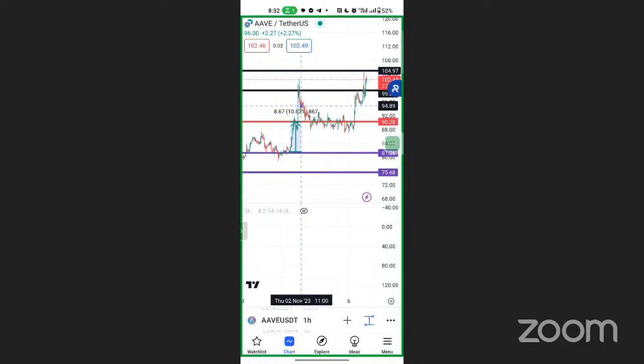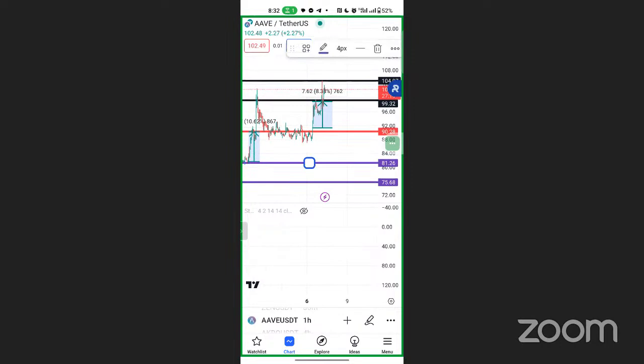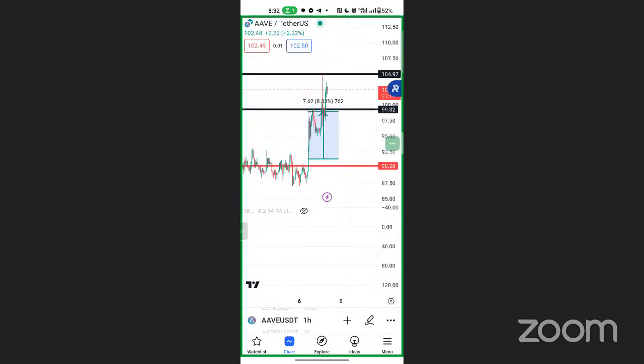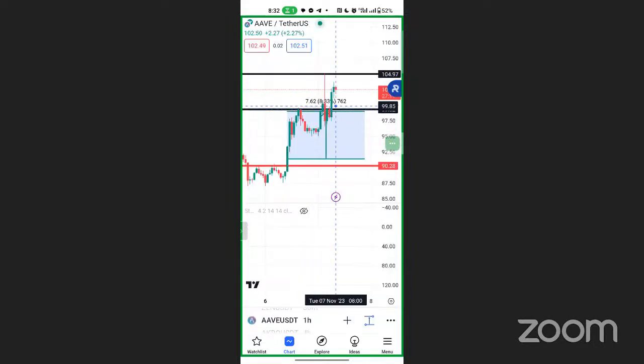But when it closed above the pivot at this area, do you see how powerful it moved up to there? Now, once it has closed above resistance 1, ladies and gentlemen, don't be surprised. It did it the first time, but it's going to do it the second time.